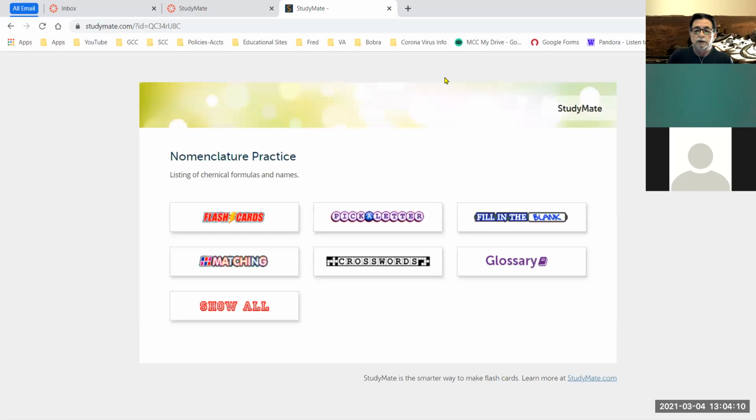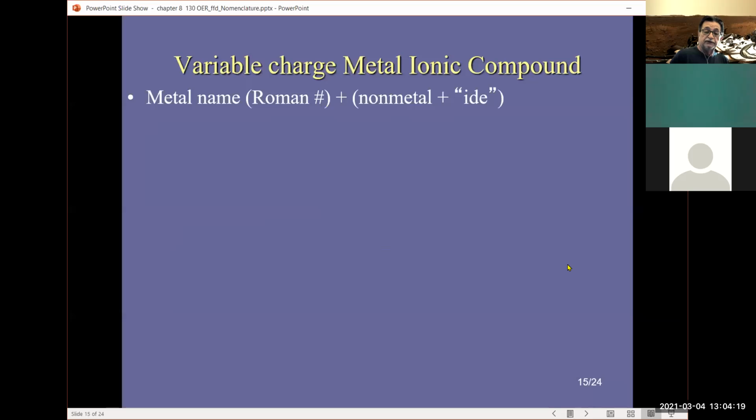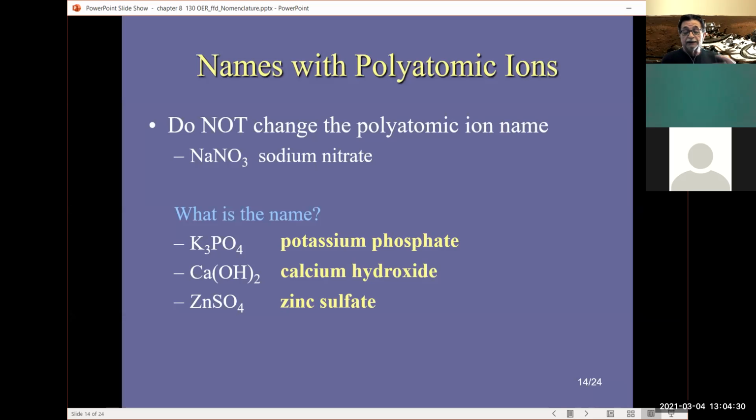So this brings us to chapter 8. We ended up on chapter 5, slide 15. We're just beginning to talk about ionic compounds with variable charge, but we ended up with names of the polyatomic ions, which we get from the table. A reminder there is that we don't change the name of the polyatomic ion.